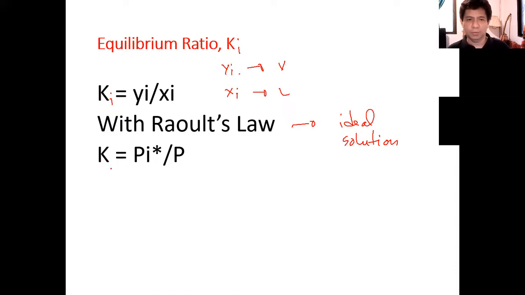Okay? So we're going to derive this equation, where the equilibrium ratio K sub i is equal to P sub i star over P. P sub i star is the vapor pressure of the pure chemical species. Do you still remember? P sub i star.